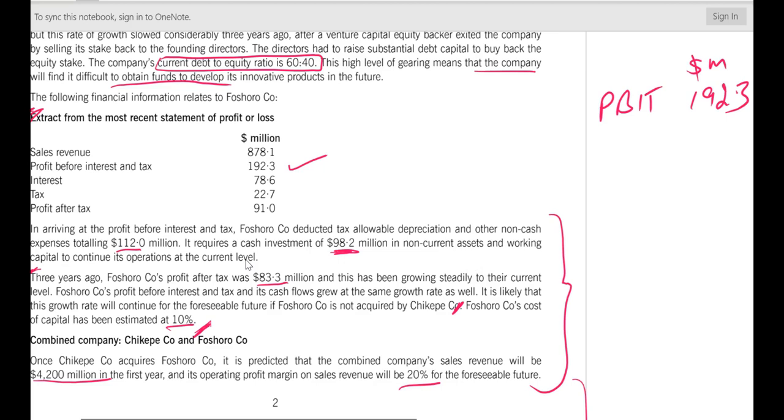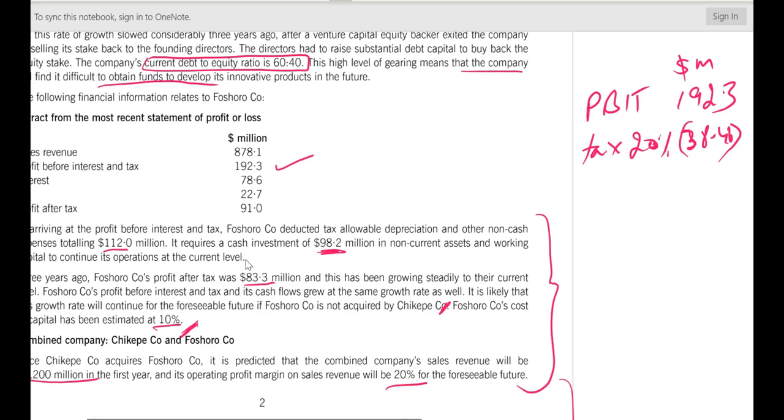Okay, then we will deduct tax, and tax is 20%. And if we take that 20% of 192.3 into 0.2, that is 38.46. Then we will add back the depreciation, that is 112.